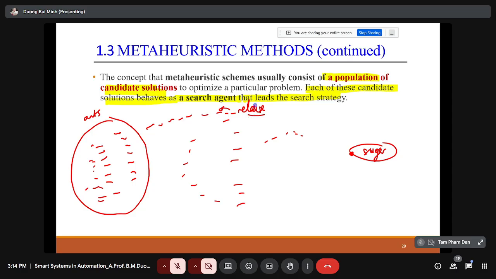If an ant comes to the sugar, it will release more chemical, and the others will smell it and get the information from this ant, and then many ants will come here to take the sugar. That means every candidate solution behaves as a search agent that leads the search strategy.